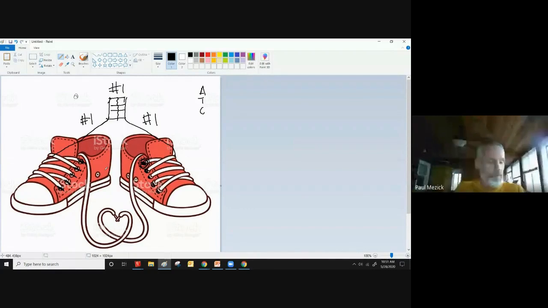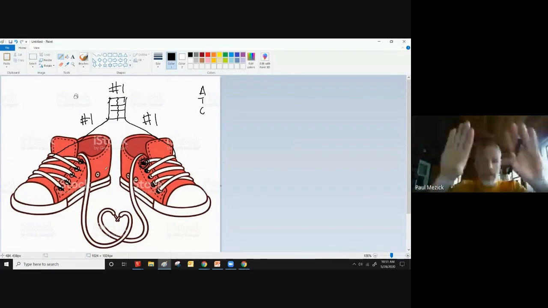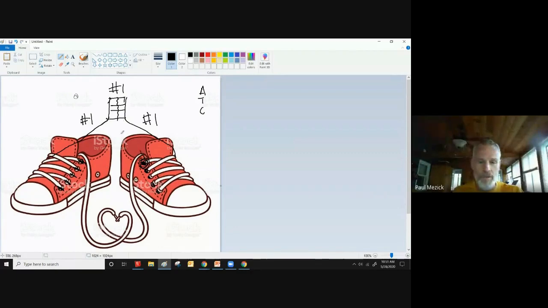So the pair of shoes are split, and this portion here is the new strand being formed, and this portion here is the new strand being formed, and that's where you end up with your two DNA. Here's the original strand, and one half of the original strand is retained on this side of the sneaker.